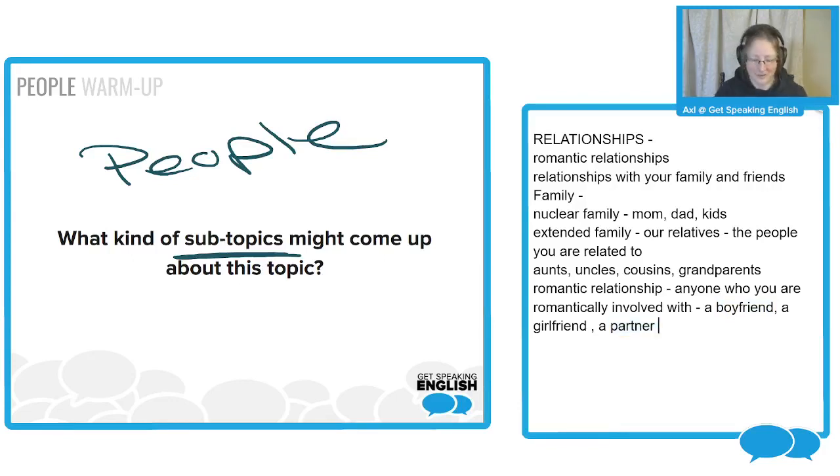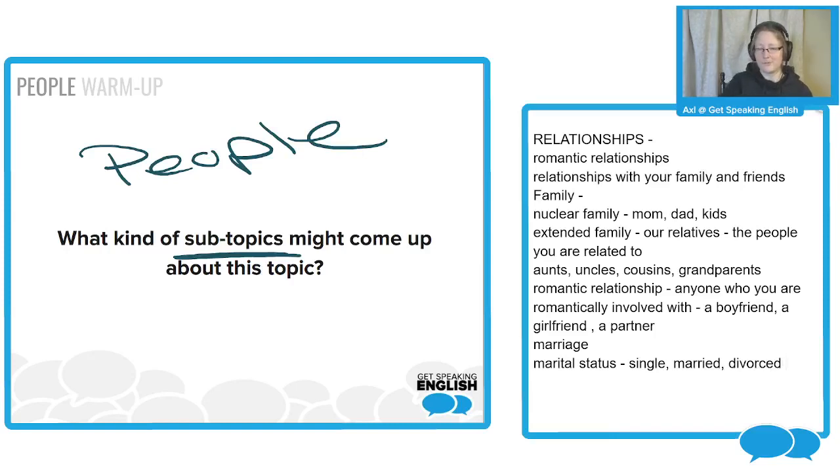And we might talk about marriage as well, right? And maybe marital status. So if you're single, you're not married, or you could be married, you could be divorced as well.